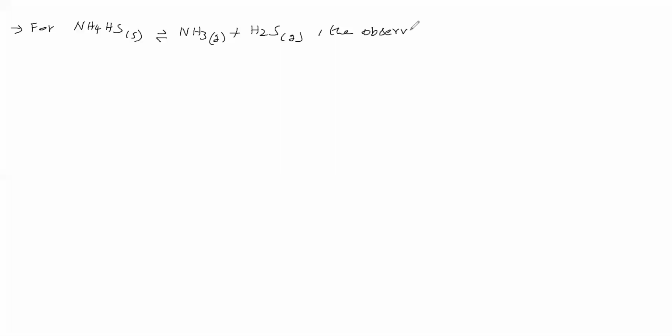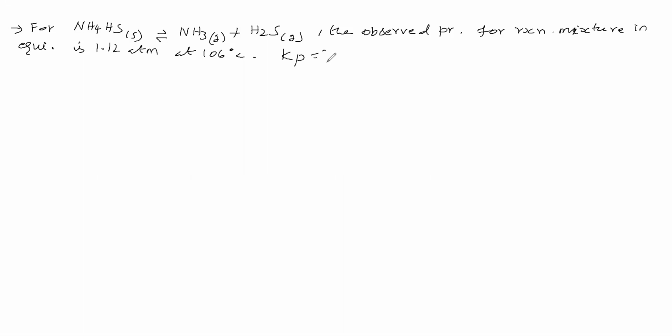The observed pressure for the reaction mixture in equilibrium is 1.12 atmosphere at 106 degrees Celsius. What is the value of Kp for the reaction? They are asking for Kp.